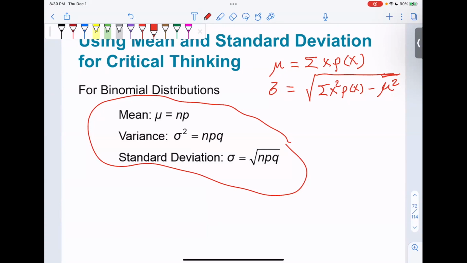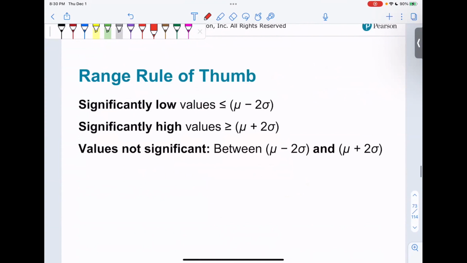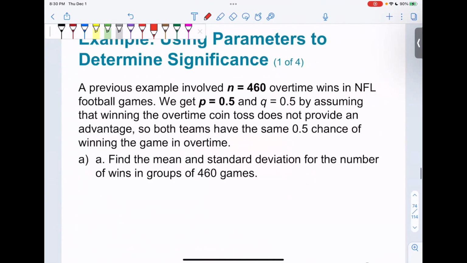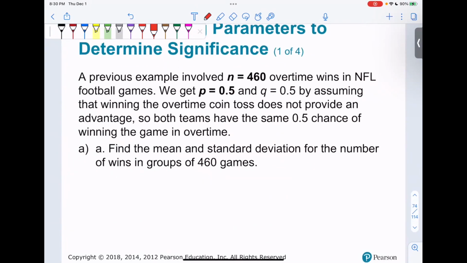So mu is basically n times p, which is always known. For example, if we go to this example again, mu equals n times p, which is 460 times 0.5.